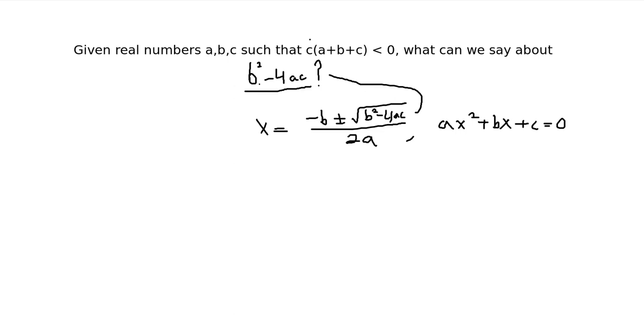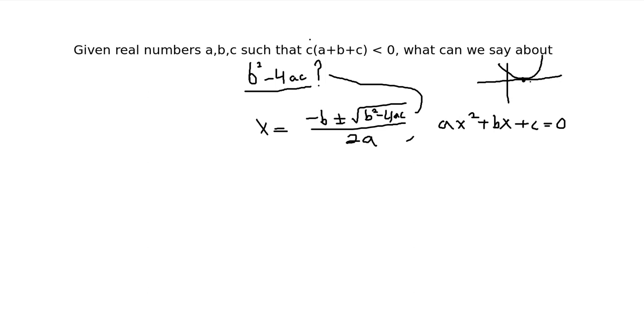Basically, what does the sign of this term mean? Well, since it's under a square root, we know that for this quadratic to have real roots, this must be non-negative. And specifically, if the quadratic is tangent to the x-axis, then we know that b squared minus 4ac is 0, because then our plus or minus is just plus or minus 0, so we have the same solution twice.